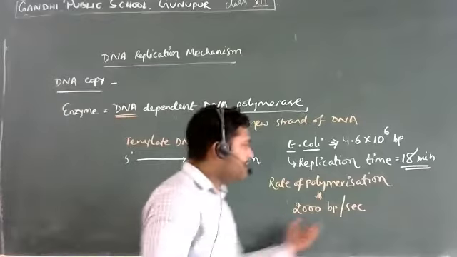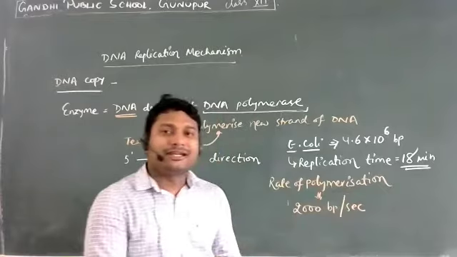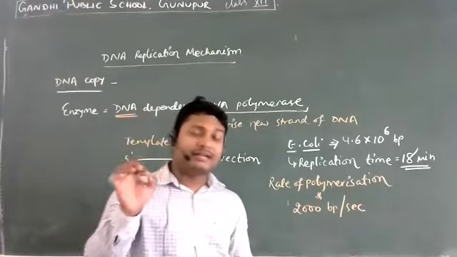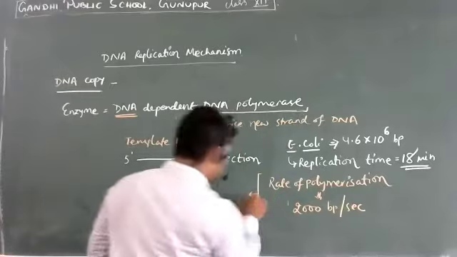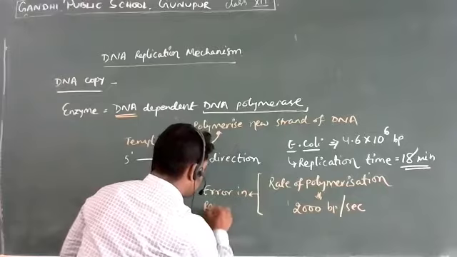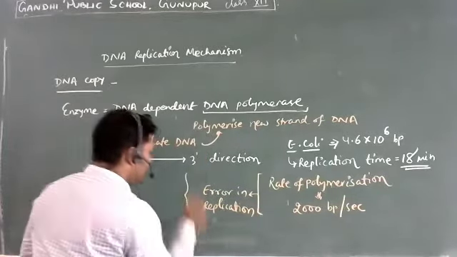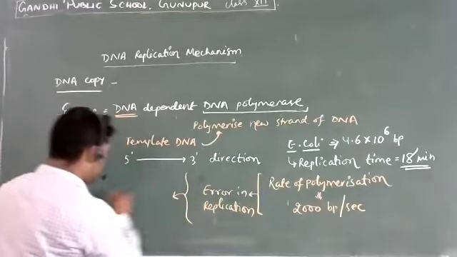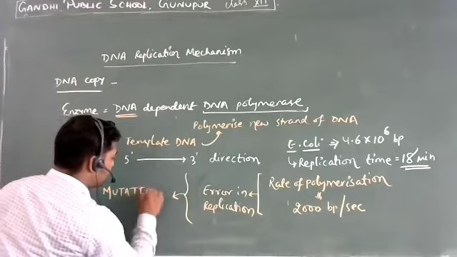Because of this fast rate at which it is going to create the new base pairs, it is also going to create certain errors. And if these errors are retained, right, if the error in replication stays, it will lead to a phenomenon that we all know by the name mutation.